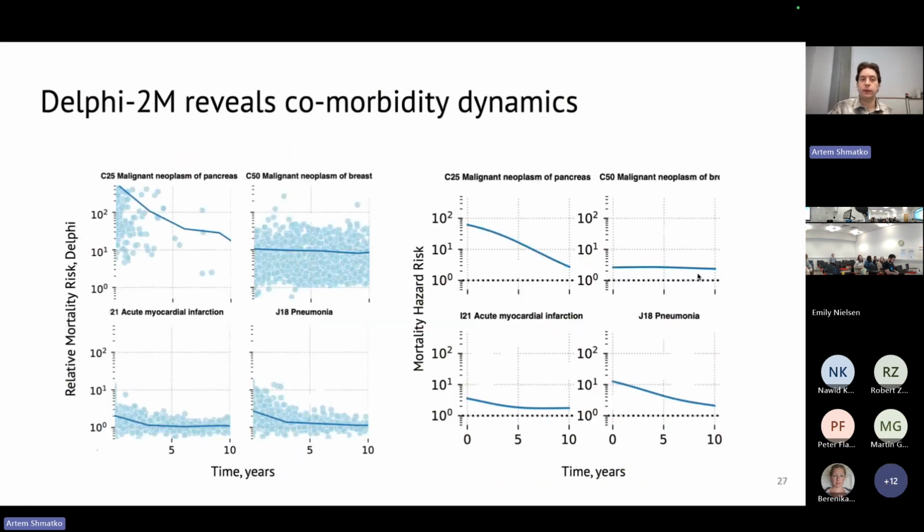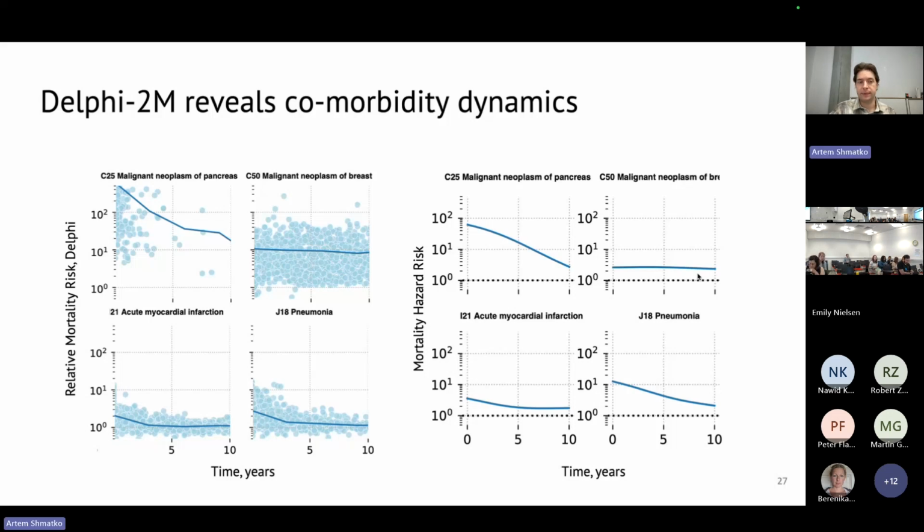We have also quantified these temporal features of Delphi, because they are a very interesting emergent property. Usually when people do standard disease modeling, it's not easy at all to encode these temporal changes of the hazard ratios into the models.